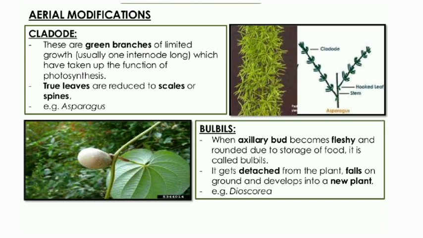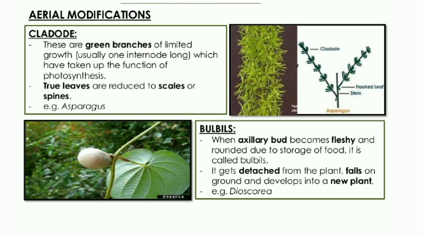They will have only one internode. At the next node, there is no formation of a branch which has taken up the function of photosynthesis. Just like phylloclade, these are also green, slightly flat, they also have chlorophyll pigment, they also perform photosynthesis, but they do not perform the process of transpiration.